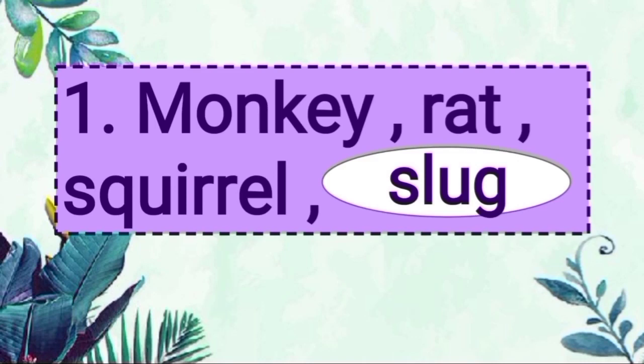An example of an invertebrate is a worm such as a slug, which is the fourth word here. But here monkey, rat and squirrel are examples of animals with a backbone, meaning vertebrate animals. So the fourth word, slug, is different from the first three words. So we have to circle the fourth word, slug.